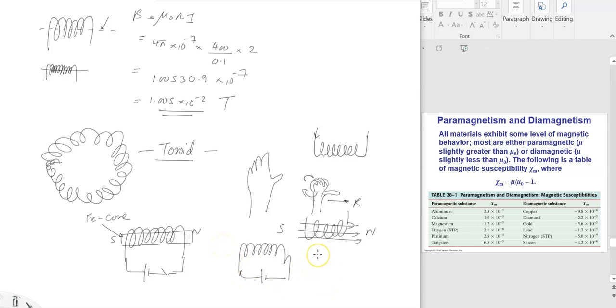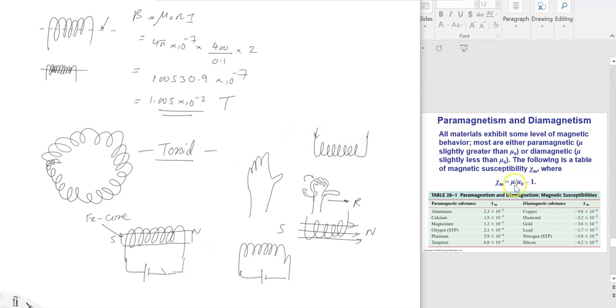right? Same way with paramagnetic materials like aluminum, calcium kind of stuff, you can increase the magnetic field a little bit, not a lot, but a little bit. Interestingly, for a diamagnetic substance, if you apply an external magnetic field, the total decreases. Diamagnetics actually work the opposite way.